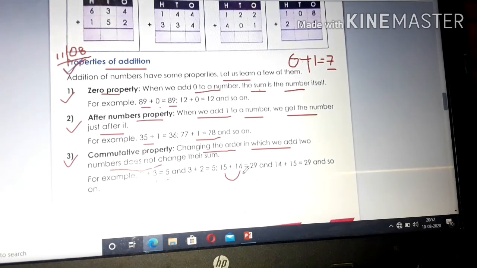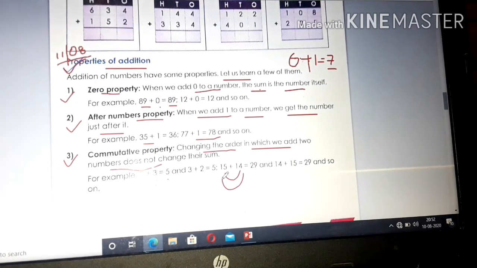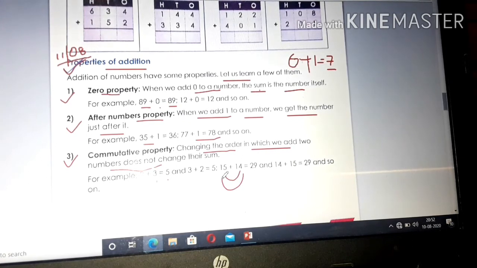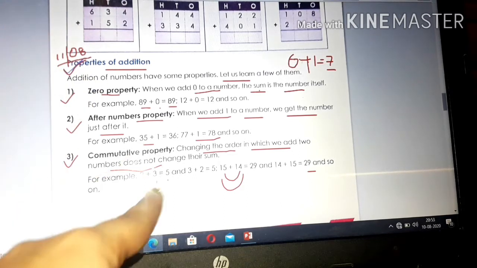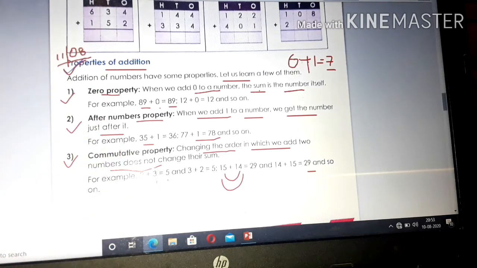Now if you change the order of addition, if you say 4 plus 15, even then the sum is the same. Understood? What is commutative property? Changing the order in which we add two numbers does not change their sum.